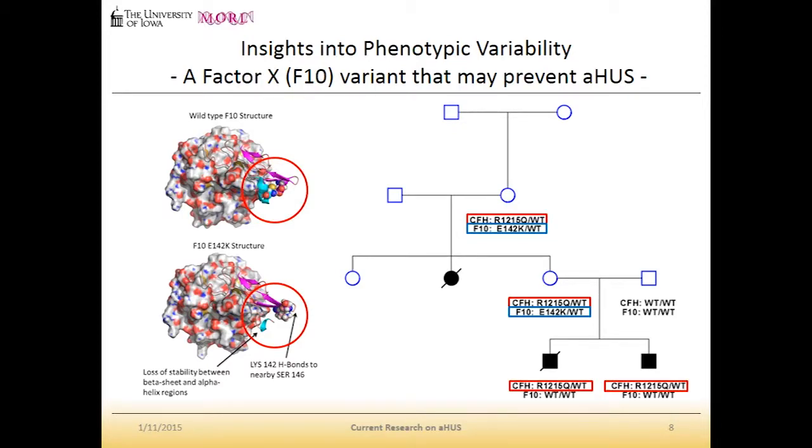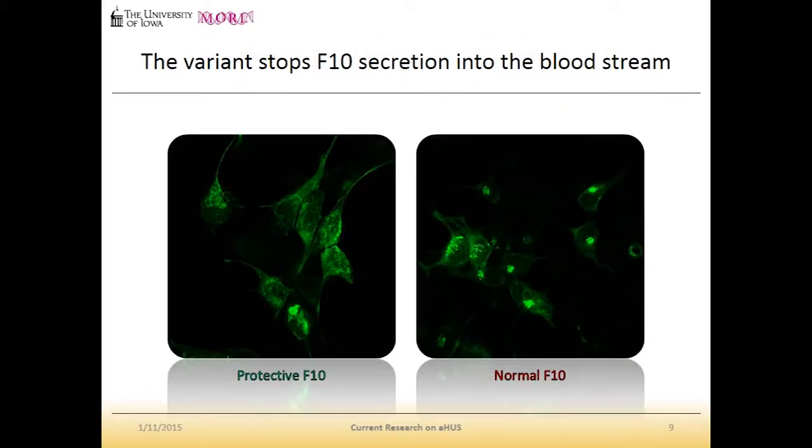Then we also did a bunch of experiments, and we found that this variant stops the factor 10 secretion into the bloodstream. So we found that the mother only has half the amount of factor 10 compared to normal people.